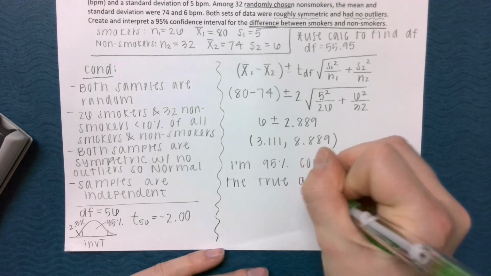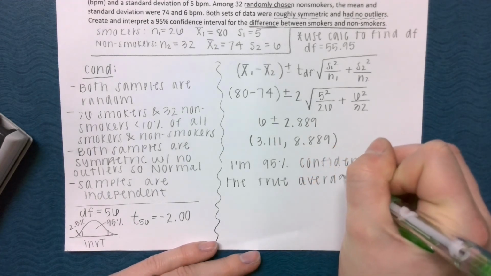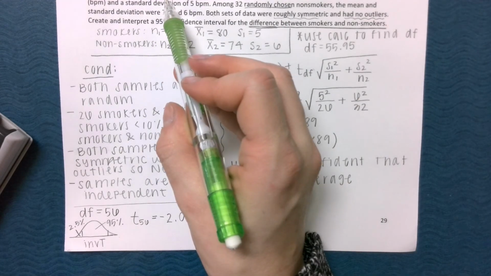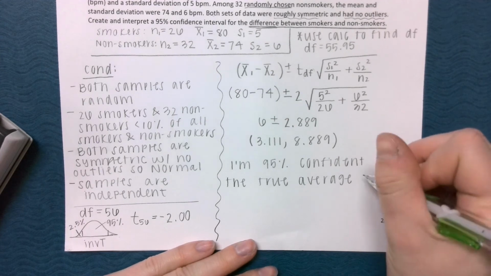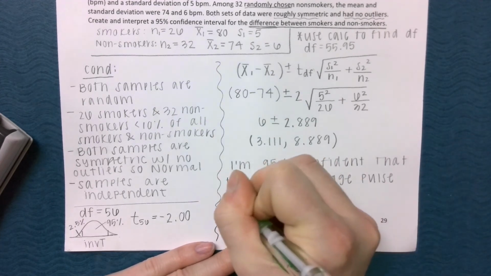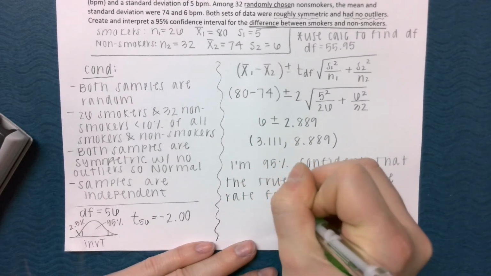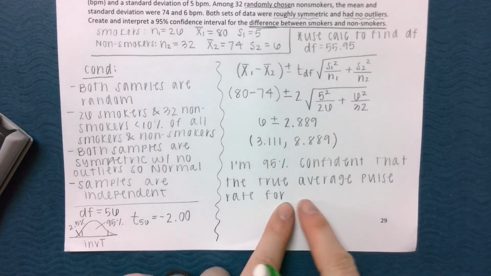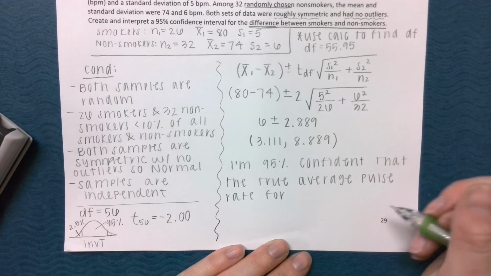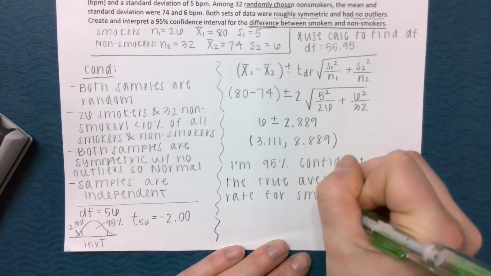So I'm going to say the true average, and all of our data was looking at resting pulse rates. So I'm going to say the true average pulse rate for, here's where we're going to insert the first group.